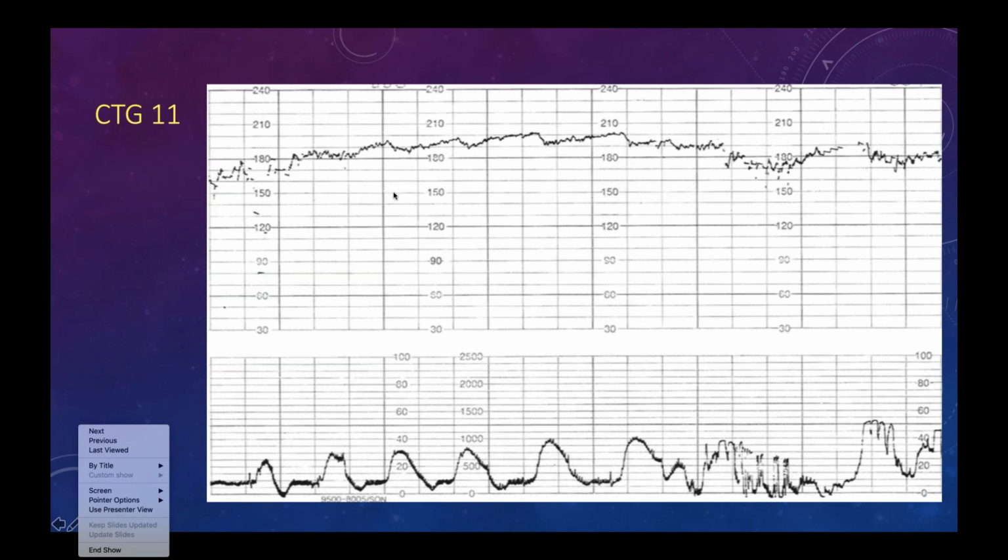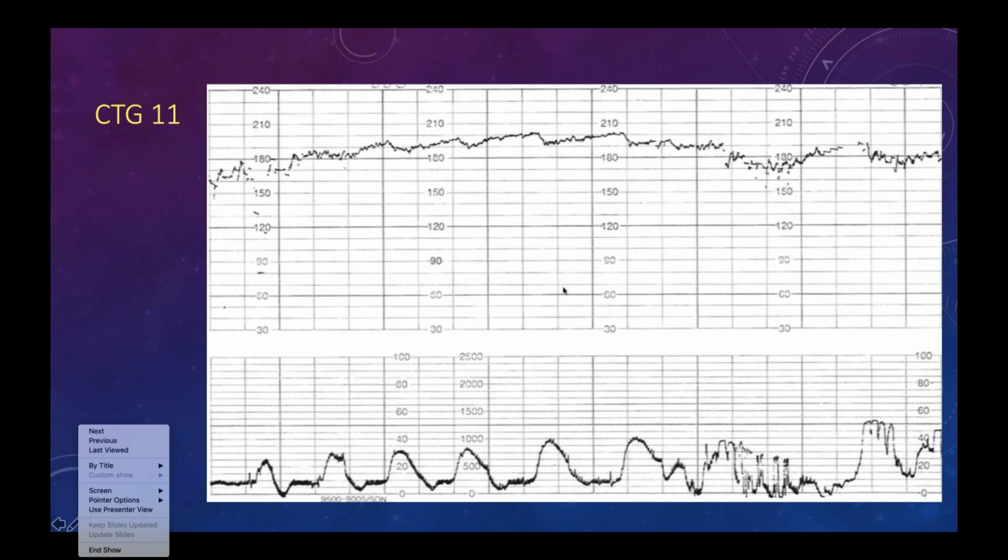You have to tell me how many NR features or abnormal features. 3 abnormal. Tell me which. Tachycardia. So 2 NR, it is a pathological trace, ma'am. Who is saying 3?